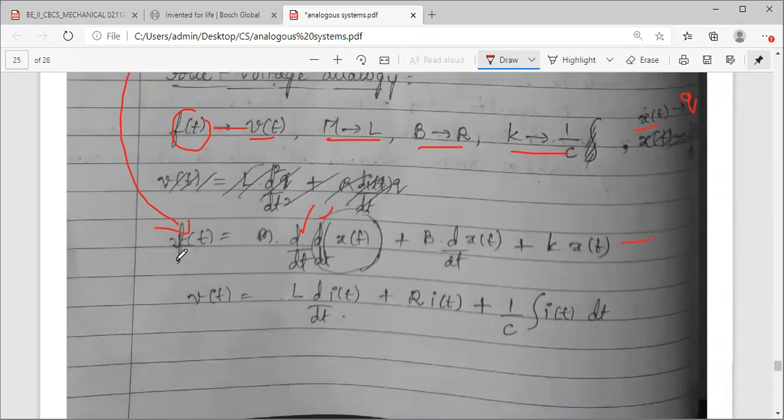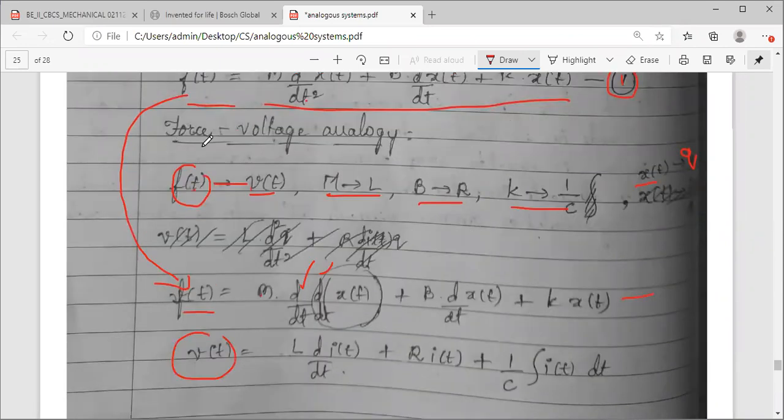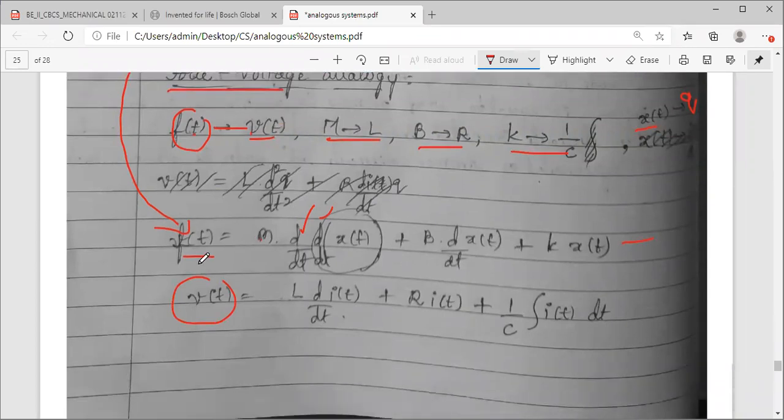Now, replace the analogous quantities. What is F? Which is applied voltage. Remember, now I am in force voltage. So this is your V of T. Then M, mass is replaced with inductance L, d by dt of, what is X of T?